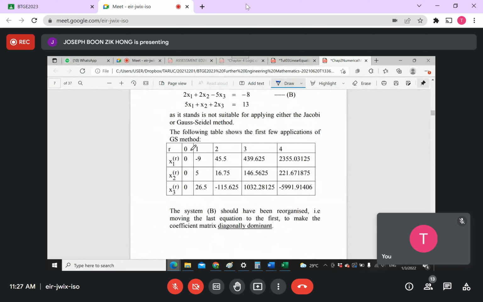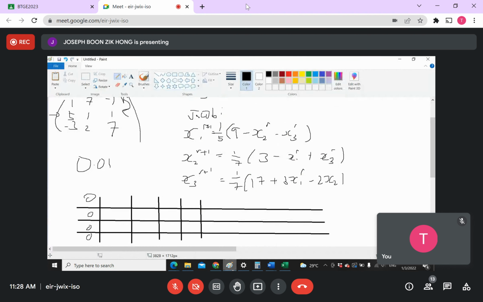According to here, they use 0 first. So x1 will be 9 minus 0 divided by 5, so 9 over 5. This is when your r is 1. So this one will be 9 over 5, and this one will be 3 over 7.